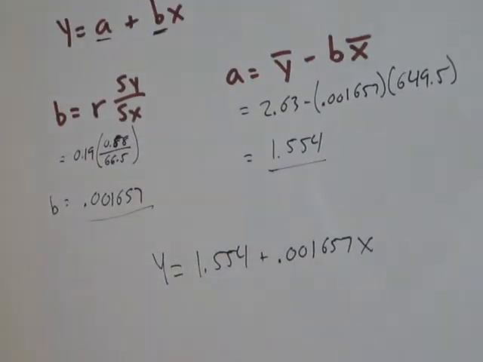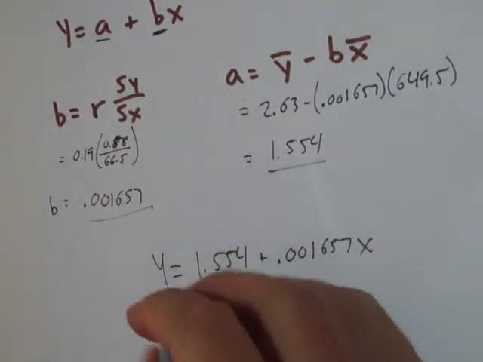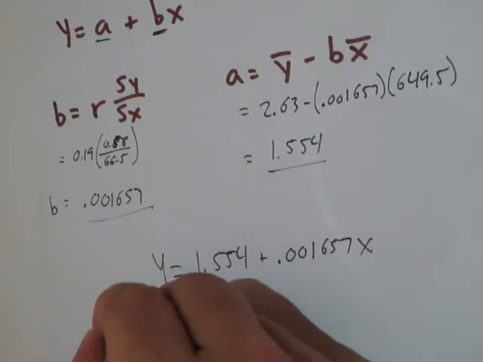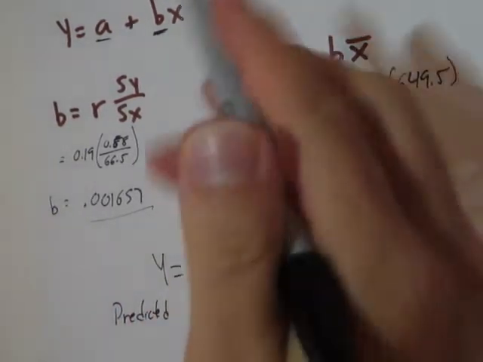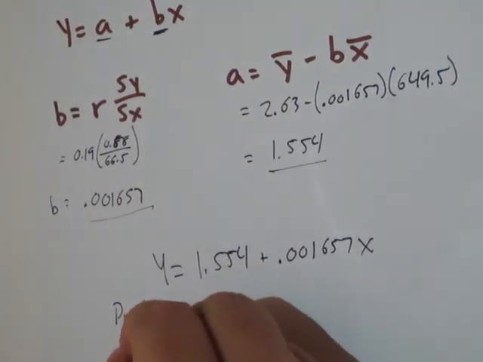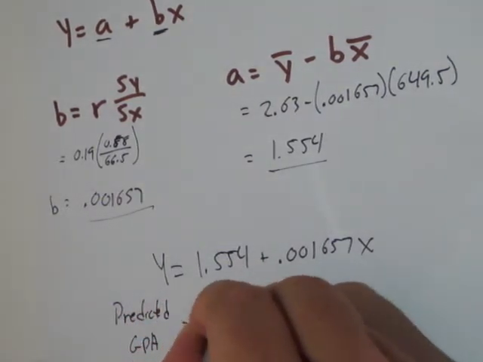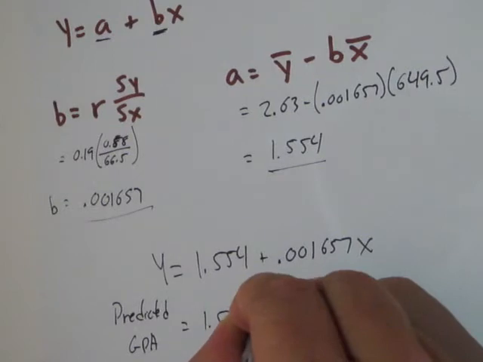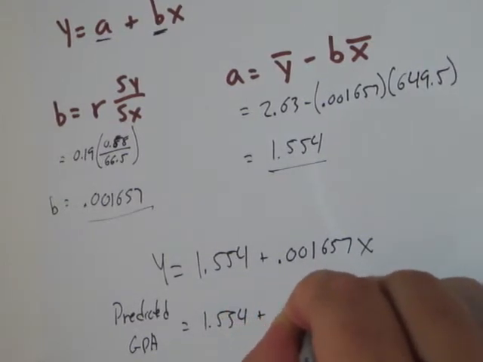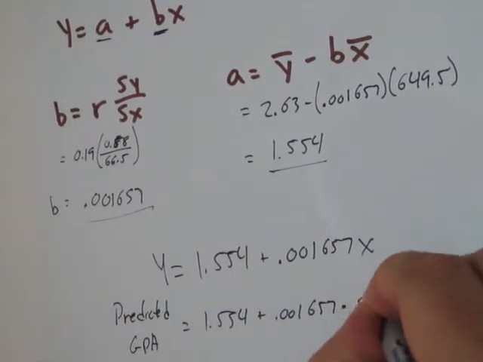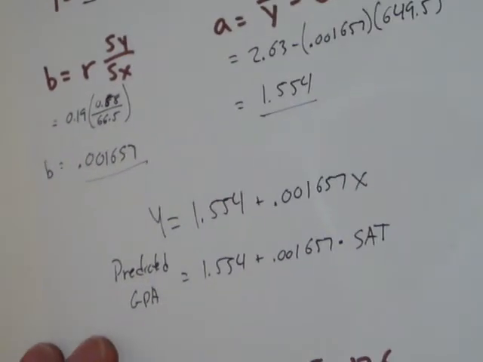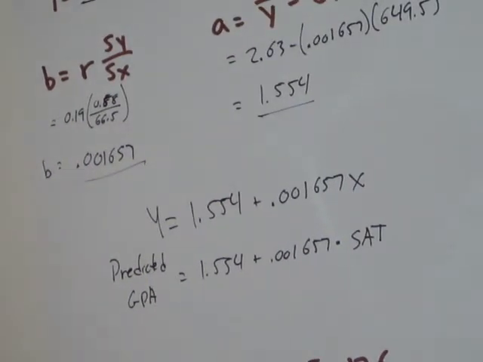Because they're writing with the words predicted and so on, we can say the y's were the GPA, so predicted GPA equals 1.554 plus 0.001657 times SAT score, and that would be our regression line.